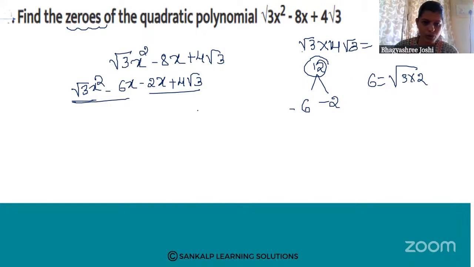And x is also common, so root 3x I will take common. X square, 1x has come out, only 1x remains. So here I have taken root 3 common, right?